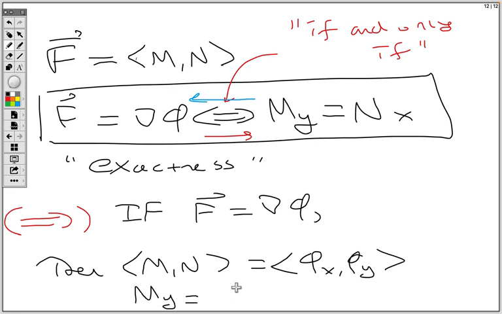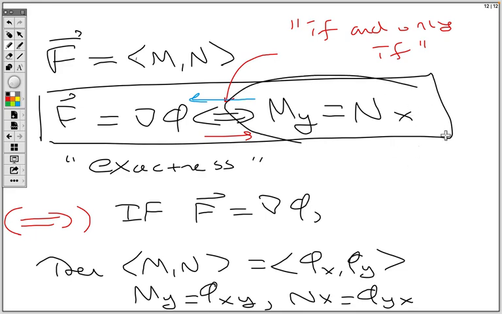So My would be phi xy, and Nx would be phi yx. And so My equals Nx, that's Fubini's theorem, okay? To go the other direction requires a little bit more work, which we'll see later, okay?